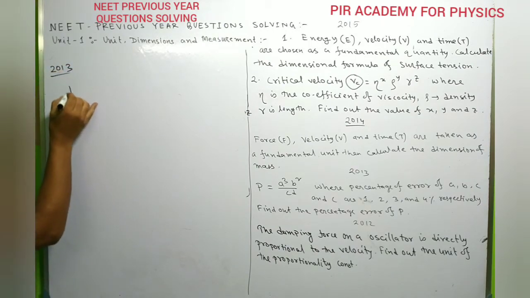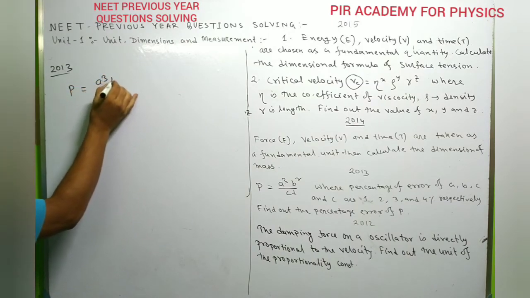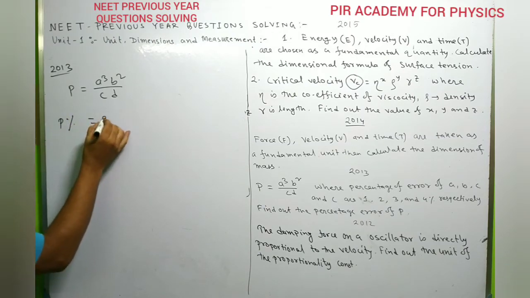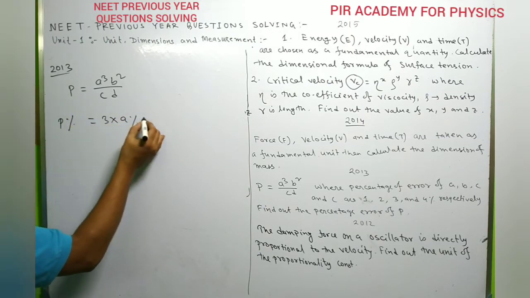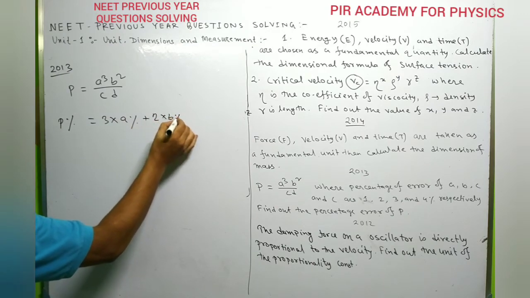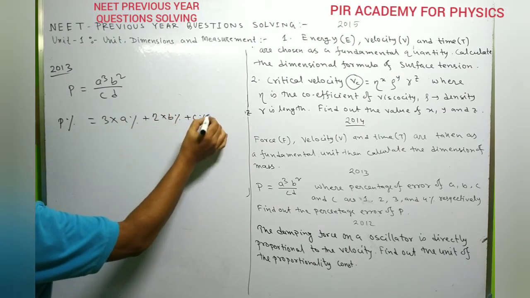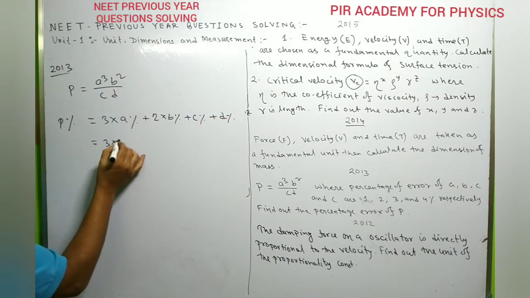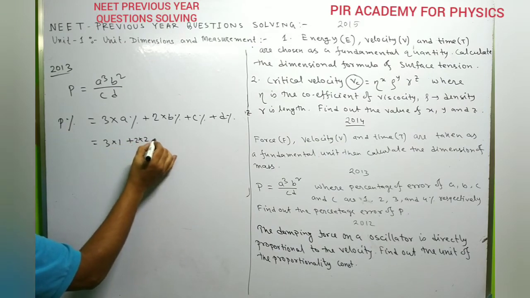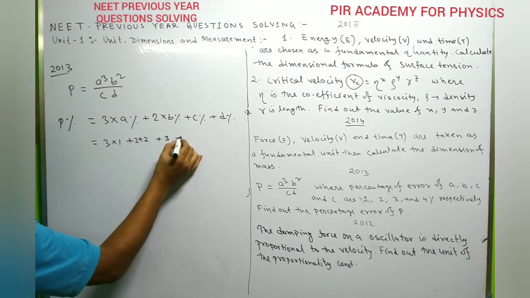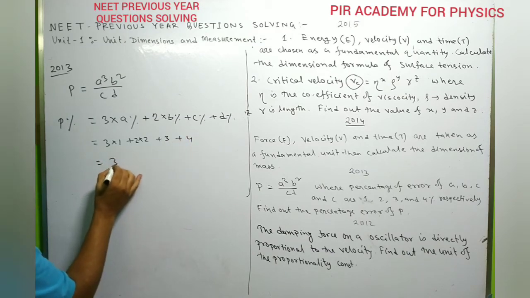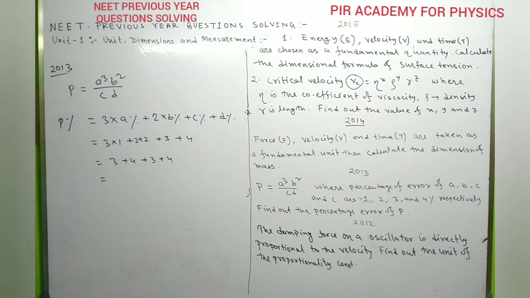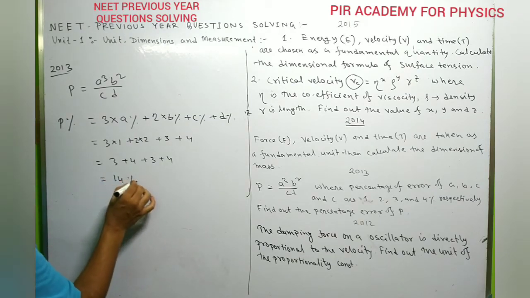Here P is related as A cubed B squared by C D. So the percentage of error can be written as 3 into percentage error of A plus 2 into percentage error of B plus C percentage error plus D percentage error. So here it is 3 into 1 plus 2 into 2 plus 3 plus 4. So it will be 3 plus 4 plus 3 plus 4, so 14%.